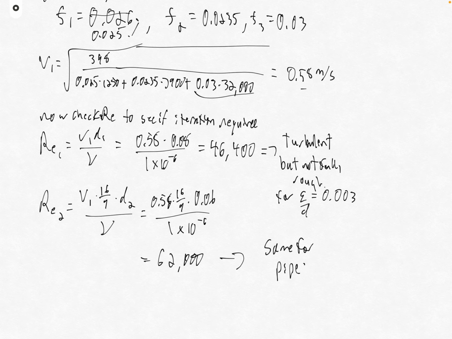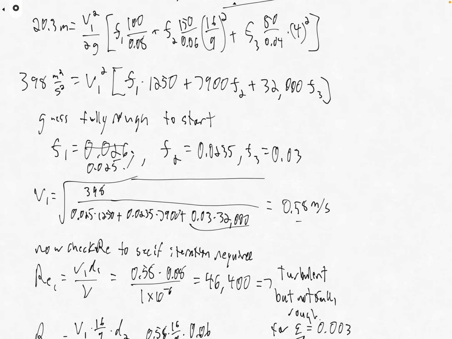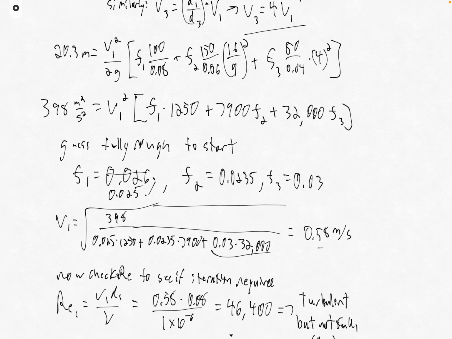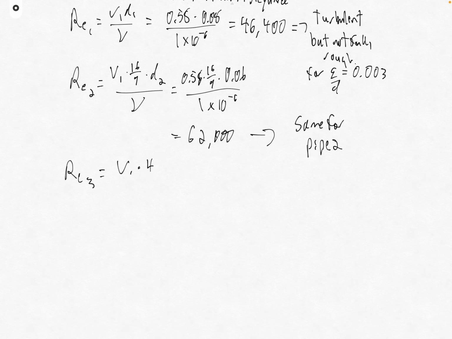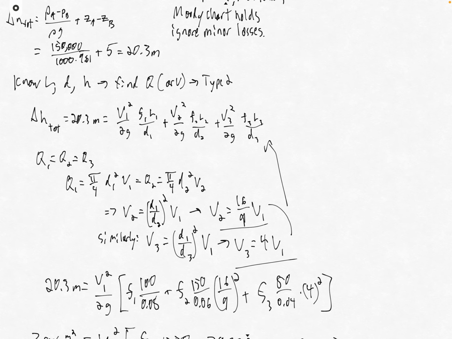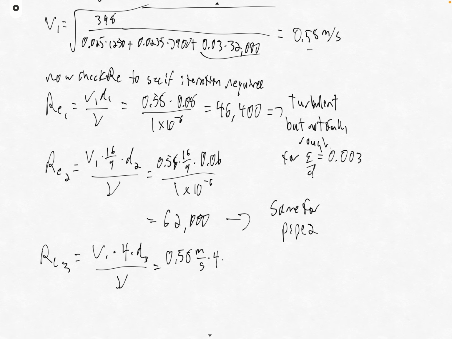Same for pipe 2. And now let's compute Re3. It's going to be V1 times 4 times D3 over nu. So that's 0.58 meters per second times 4 times 0.04 meters over 1 times 10 to the minus 6 meters squared per second.